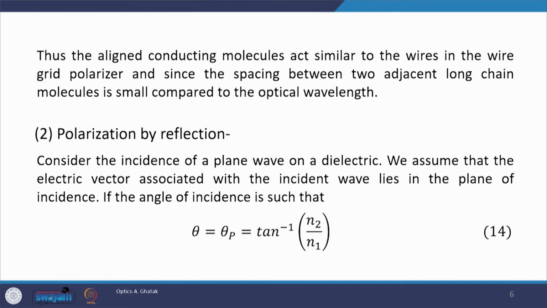Now, the second technique to produce polarized light is polarization by reflection. In this case we use Brewster's law. Here we assume that an unpolarized plane wave is incident on a dielectric, and we also assume that the electric field vector associated with the incident wave lies in the plane of incidence.